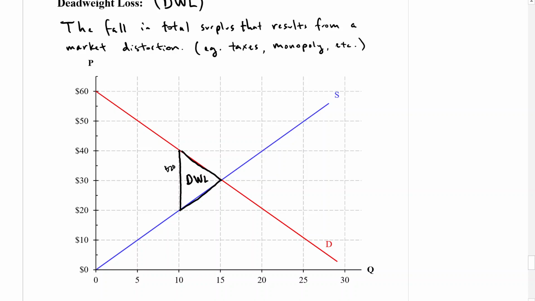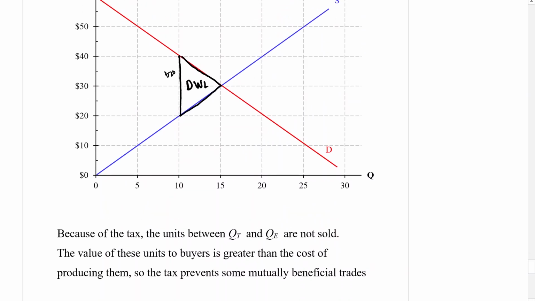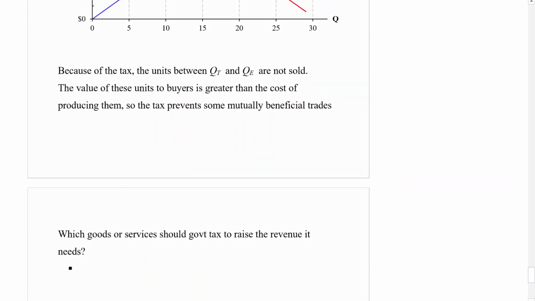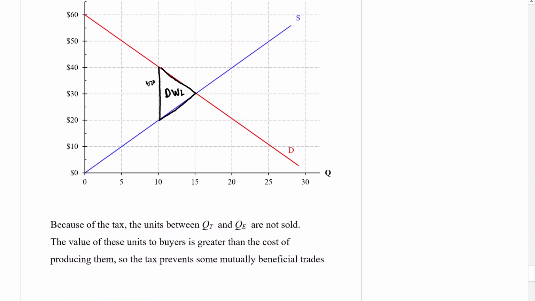The reason that exists is because we used to have an equilibrium quantity of 15, and in that area there were sellers who were priced into the market.